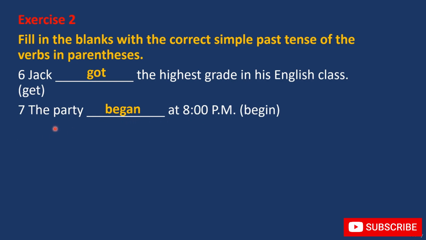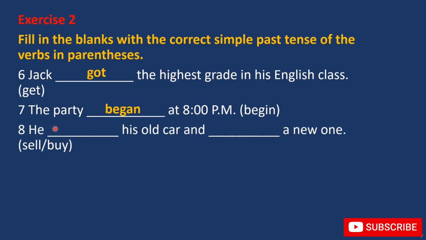Perfect. He his old car and a new one. He sell. What is the past? Sold his old car and bought a new one. So sell, present, sold is past. Buy, present, bought is past.